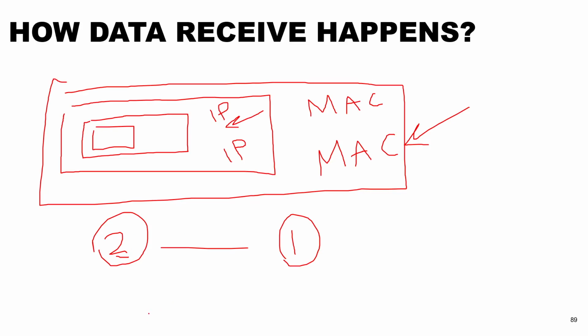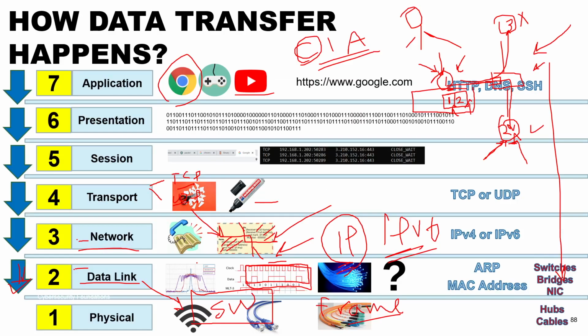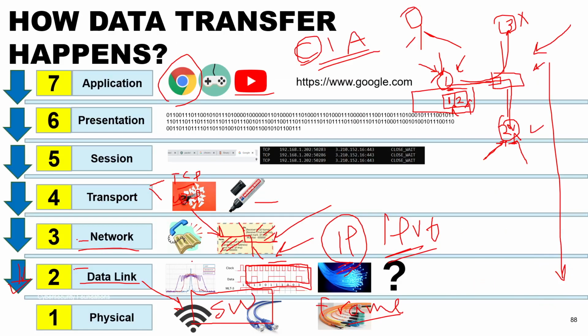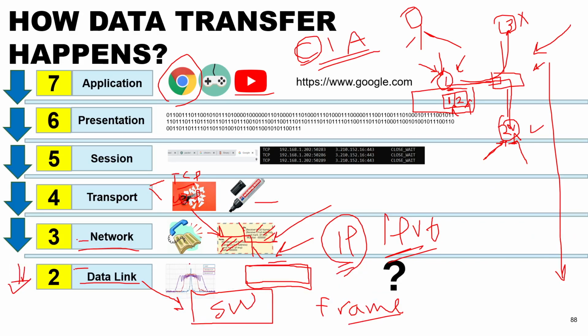This is the role of a protocol called Address Resolution Protocol, or ARP. So whenever device number 1 needs to communicate with device number 2, it will do all of this activity until it reaches layer 2.